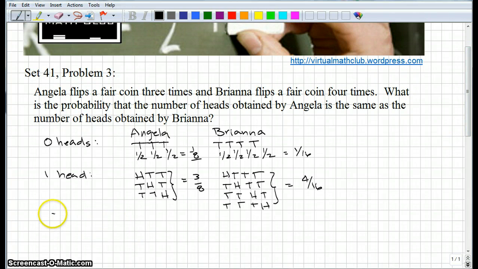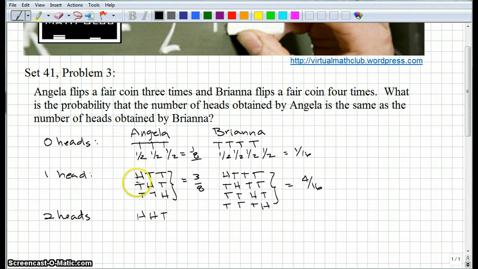All right, so now let's look at 2 heads. What does that look like for Angela? There's only 1 tail essentially, so it's the same issue. It's the same probability as the 1 head case, because it could look like head, head, tail. You've got 3 places to put the tail.